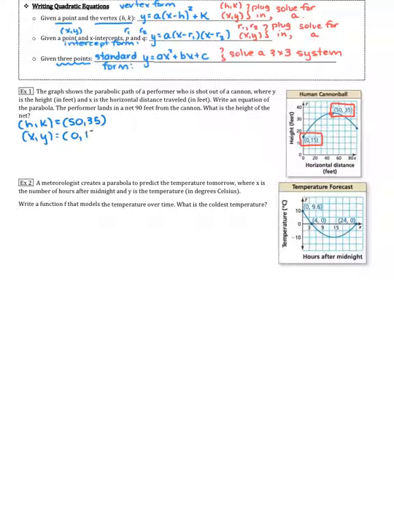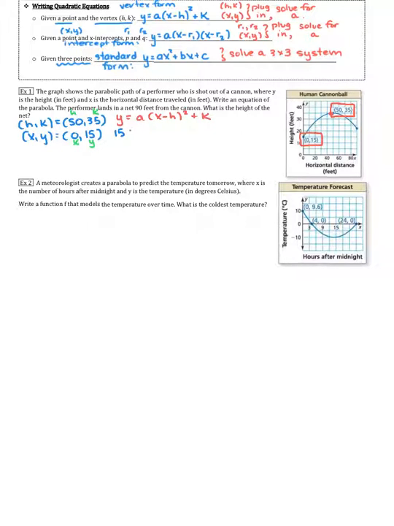That point is (0, 15). So writing our vertex form, y equals a(x minus h) squared plus k, we can now plug in those given values. So the y value, I like to label it a little bit above. So this is our h, this is our k, this is a particular x, this is a particular y.